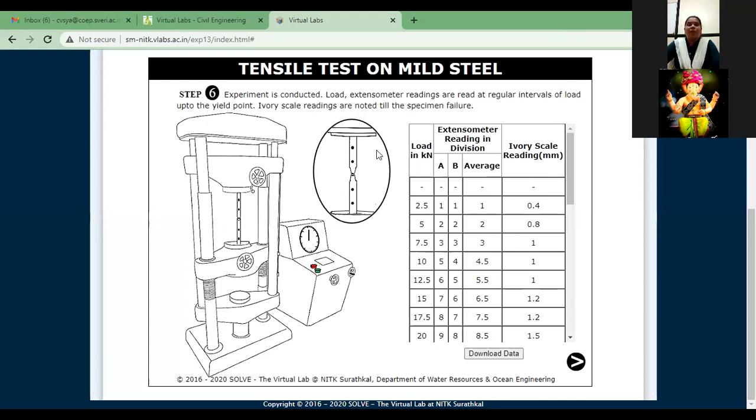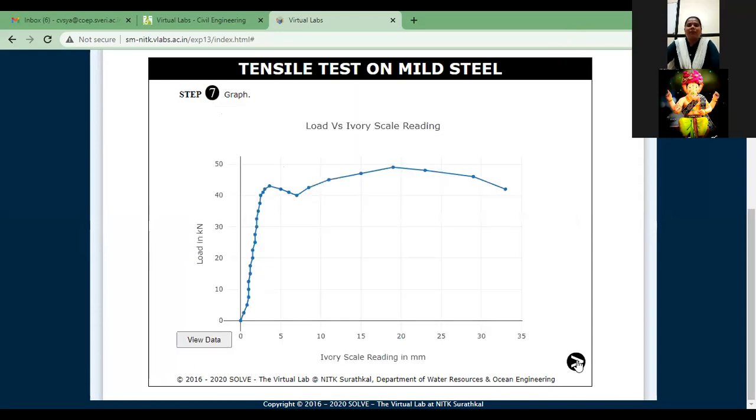Got it? How the bar will break, how the necking region is formed, how elongation is started. After that, we will get this curve. Here, this point shows yield stress and this point shows ultimate strength.